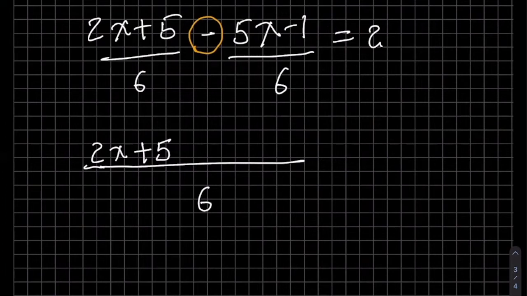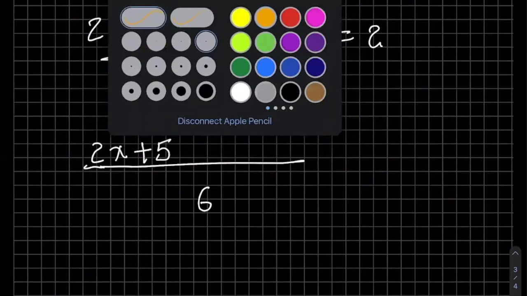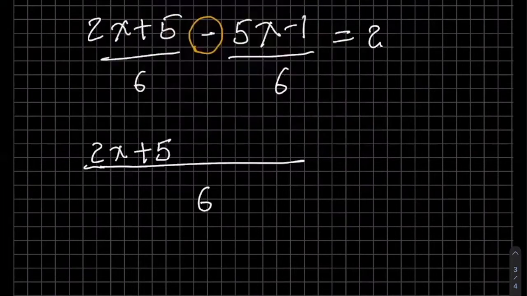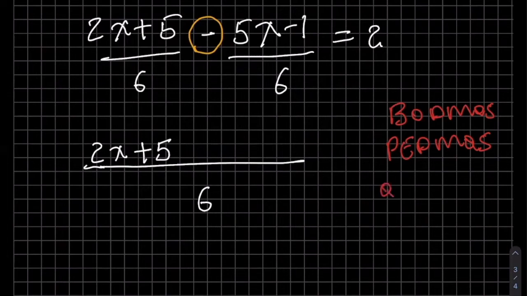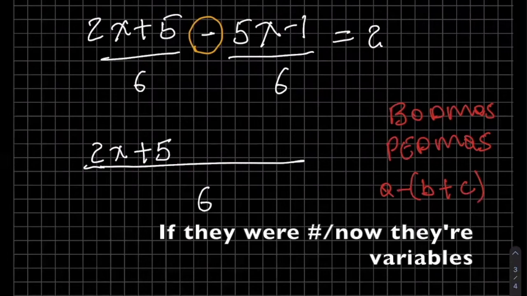So before I proceed, I want to show you one of the rules of math on the side. If we have a minus b plus c in parentheses, then we take care of the b plus c first and then subtract it from a.